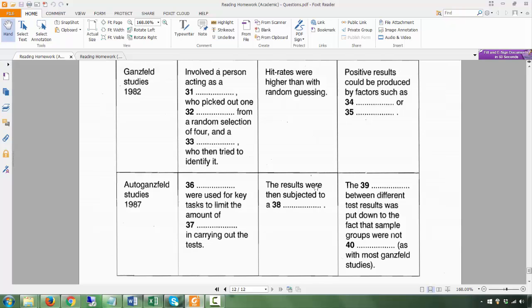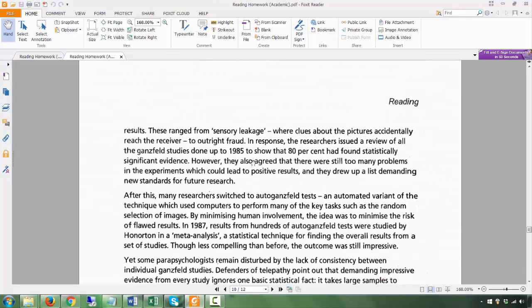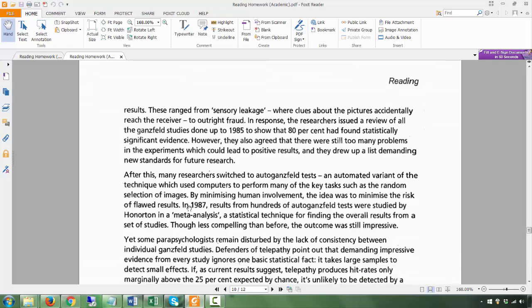The results were then subjected to, what happened to the results? Results from the hundreds of Otto Ganzfeld tests were studied by Honorton in a meta-analysis.